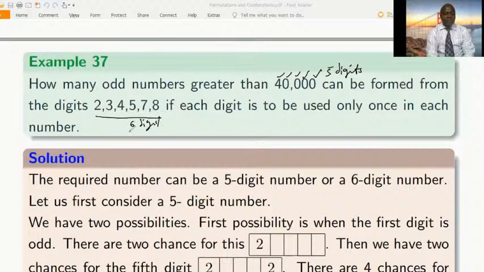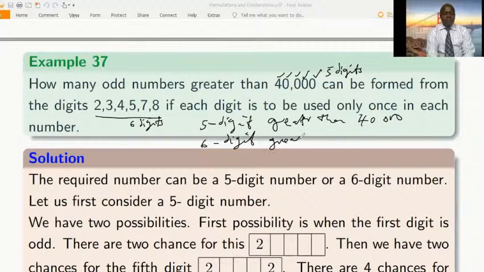These 6 digits can form a 5-digit number greater than 40,000, or can also form a 6-digit number greater than 40,000. So you can form either a 5-digit number which is greater than 40,000, or a 6-digit number greater than 40,000.